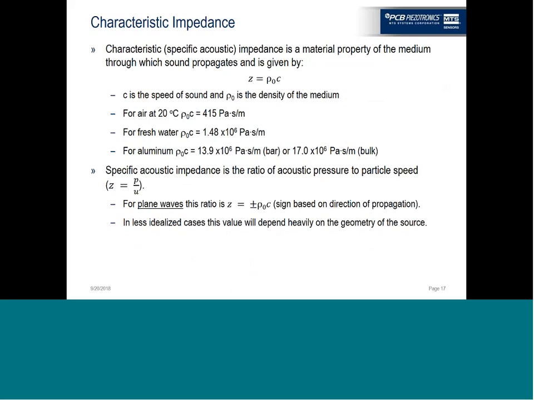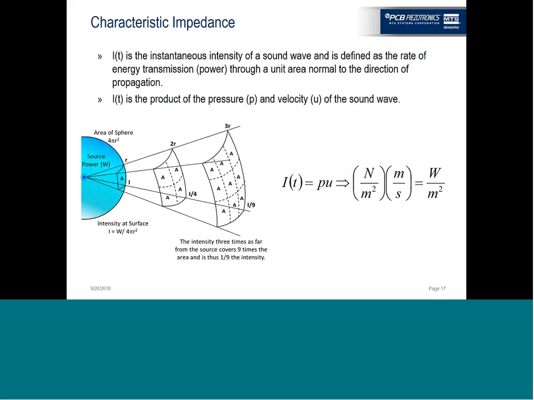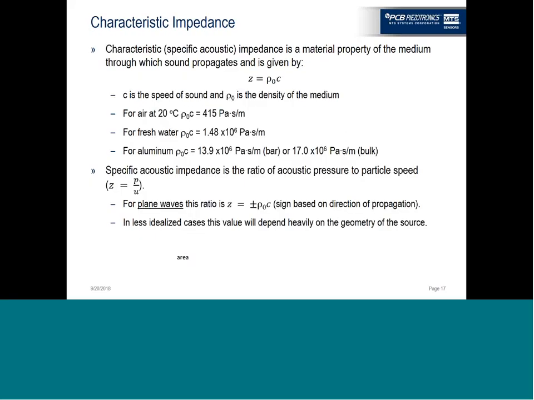If you're going into sound propagation, characteristic impedance is important because ultimately what you're going to do to solve your models is set up basically a circuit where your input is your sound source, and then you're going to propagate your wave across a series of acoustic impedances.